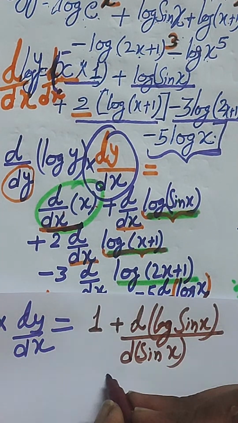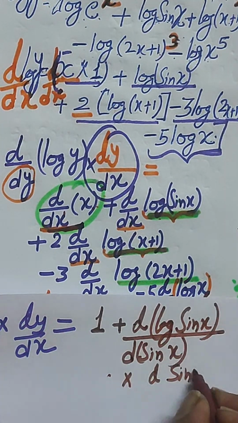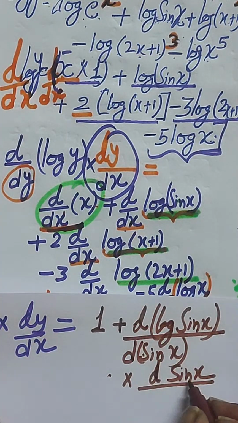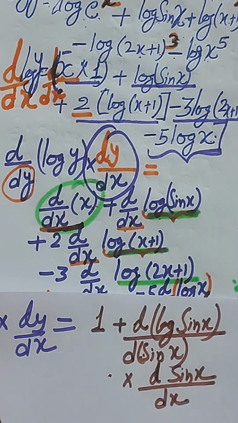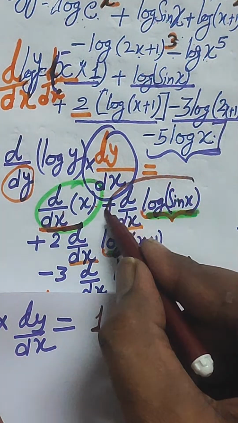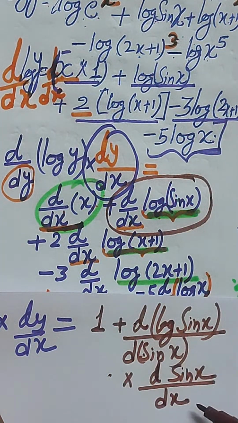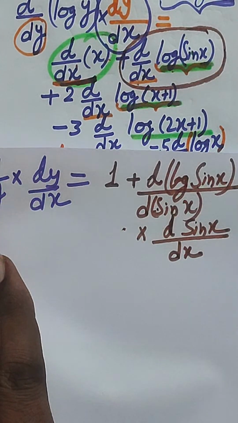So that's why we need to multiply d of sine x into the numerator, so that this denominator and this numerator will be cancelled out and d of x will be left, right? So in this way, we have just written for this d by dx of log of sine x will be like this, right? Now going to the next step.